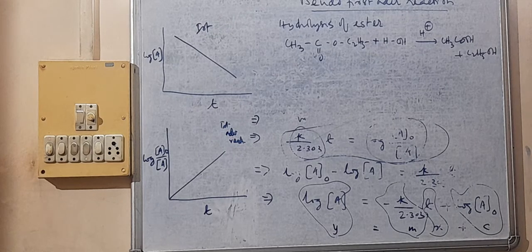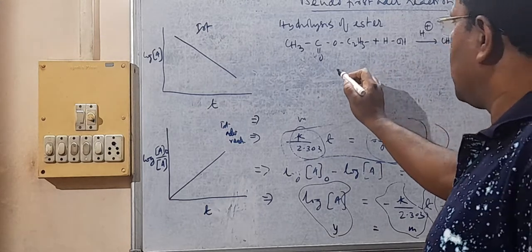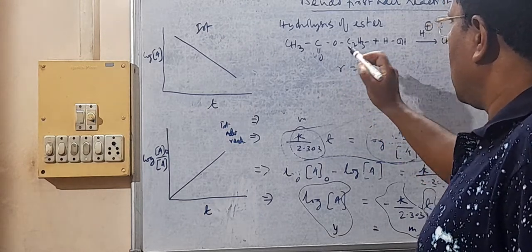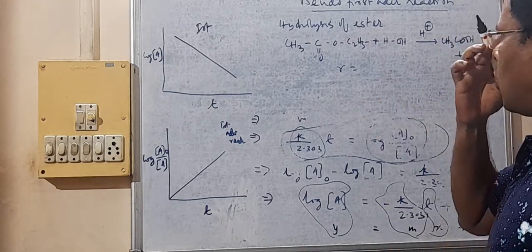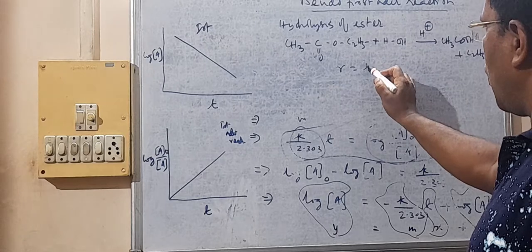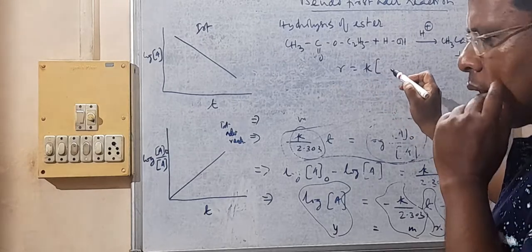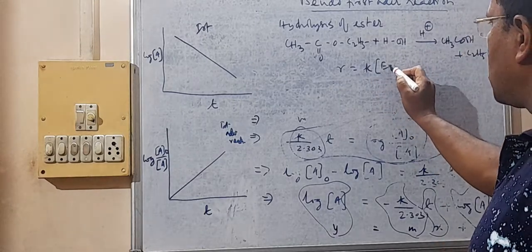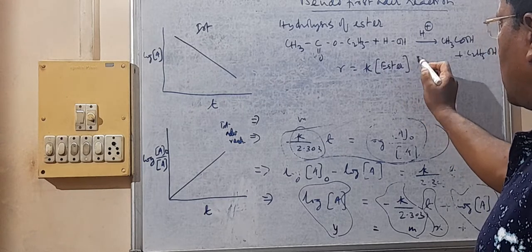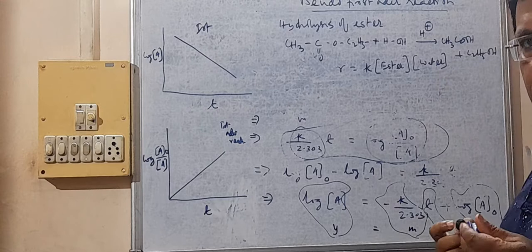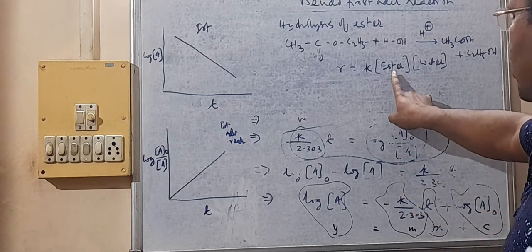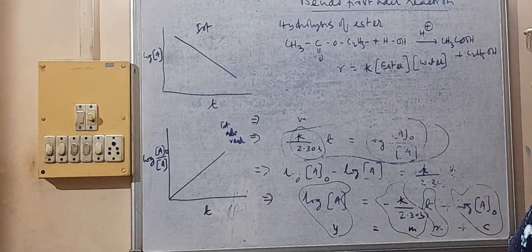Now, this reaction has been studied, and the rate law expression has been found to be that it is a second order reaction. Rate law is found to be like this. It is concentration of ester and concentration of water. So there are two concentration terms here, and that's why it is a second order reaction.